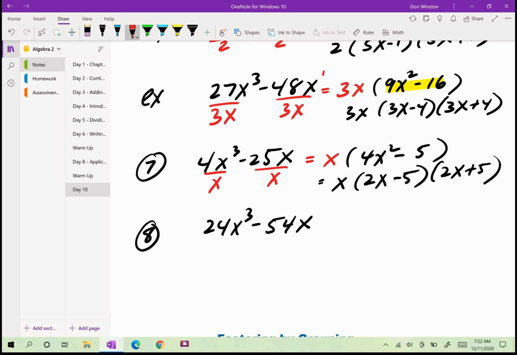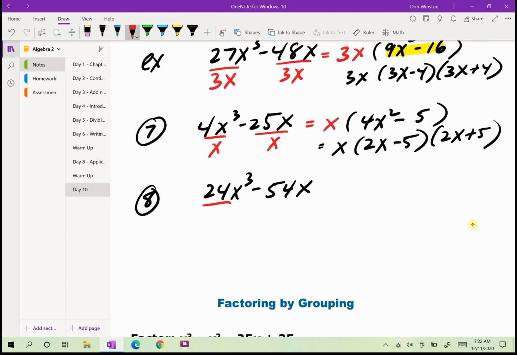Okay, and then the last one here. The largest number I can divide both 24 and 54 by would be 6. And of course, the greatest monomial factor for x cubed and x would just be x. So I can factor out a 6x.